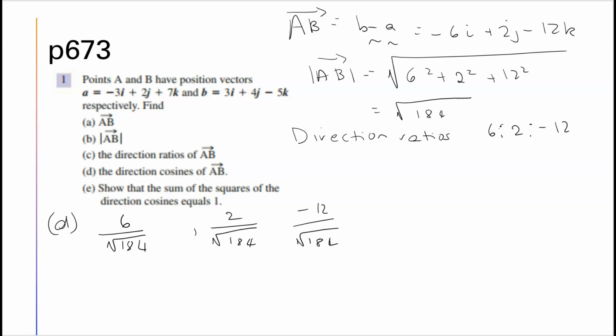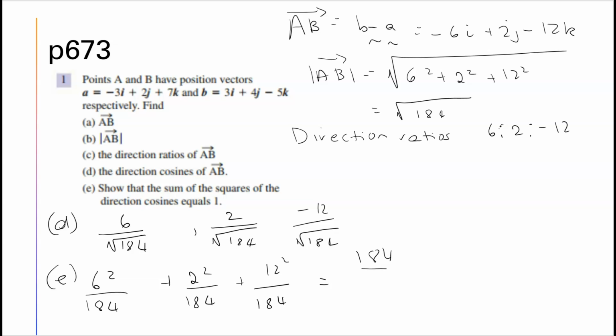Then you need to show that the sum of those equals 1. Okay, so this is part E, 6 squared over 184 plus 2 squared over 184 plus 12 squared over 184 is indeed equal to 184 over 184, which is equal to 1. So L squared plus M squared plus N squared equals 1.